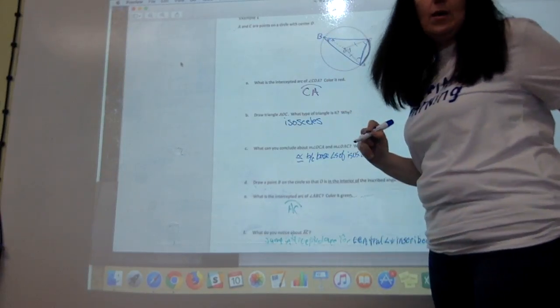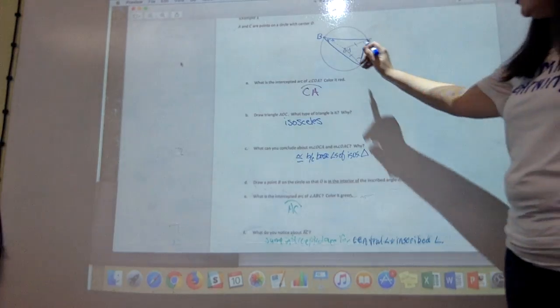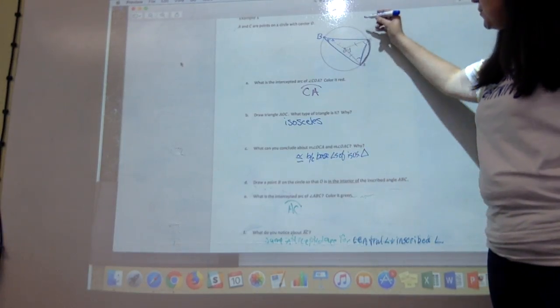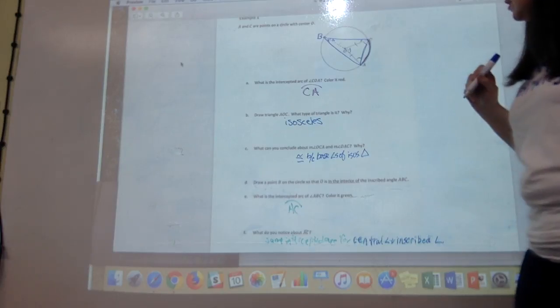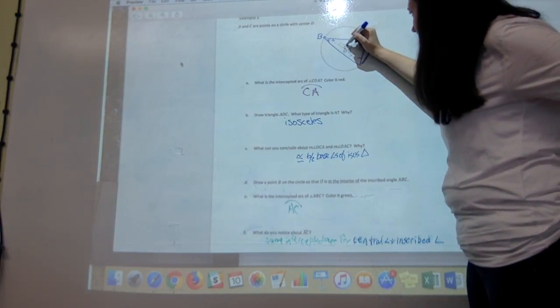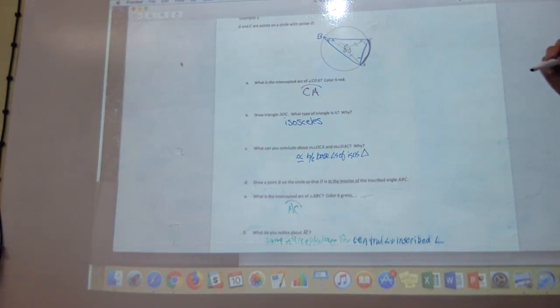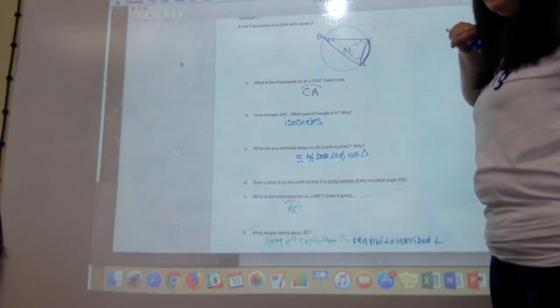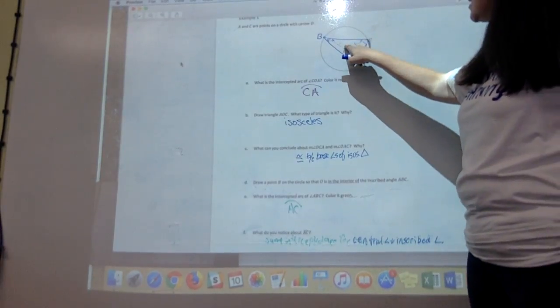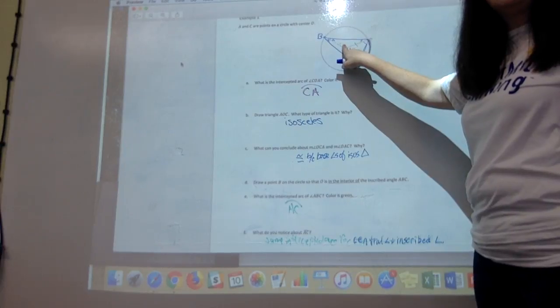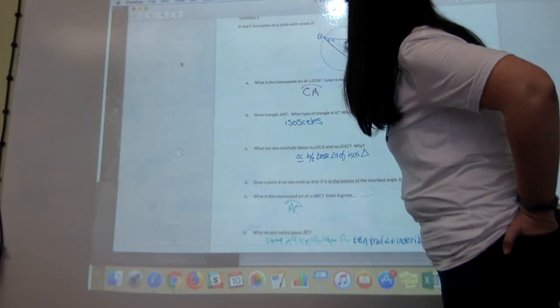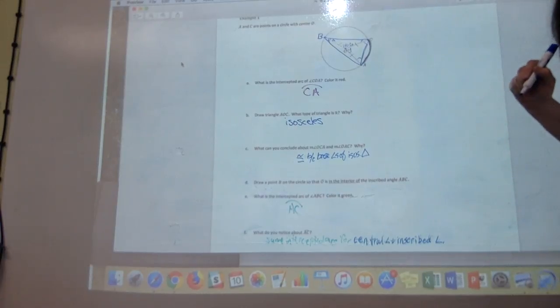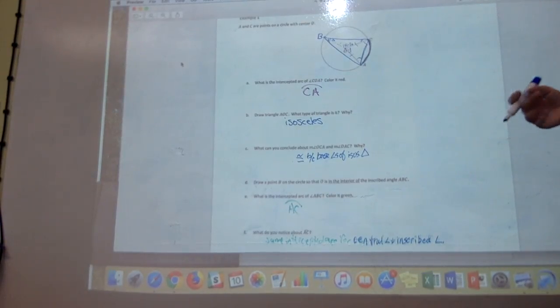If I call this little angle up here A, once again this is a radius, so that means this guy has to be A. And then this angle right here, all three have to add up to 180, so this would be 180 minus 2A.